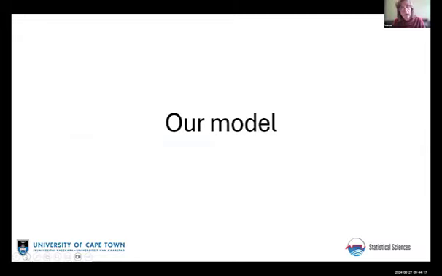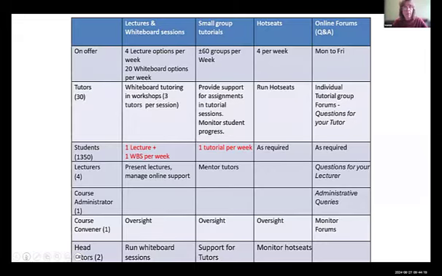Okay, so our model, I'm just going to pop up really what the course offers. If you look at the top line, there are 4 lecture options a week. Basically, the lecture is where the lecturer goes into a large venue with a large number of students and works through examples of the kind of work that the students covered online the week before.